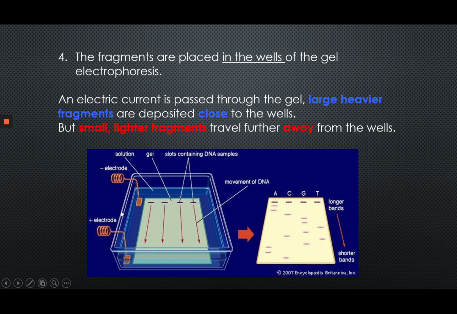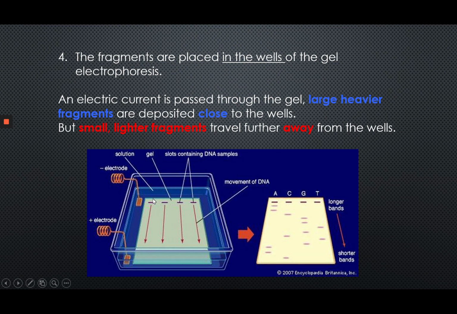This container contains the gel for electrophoresis, and in the wells, you just inject samples of your DNA fragments. When you pass the current through, the current will go from the negative end all the way to the positive end. So the current is going in this direction, going towards you.